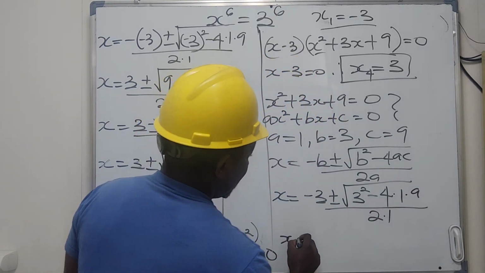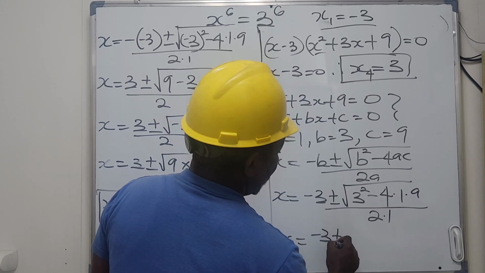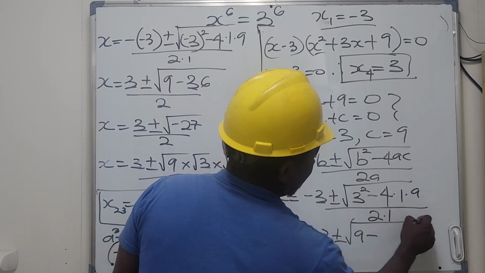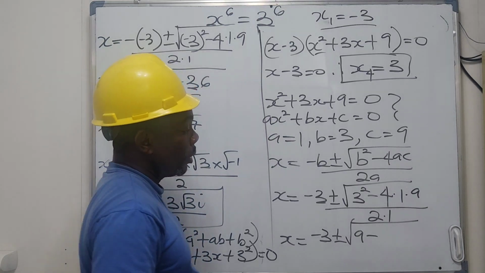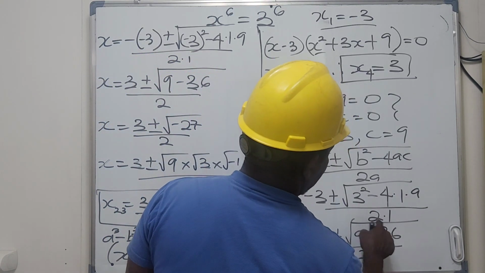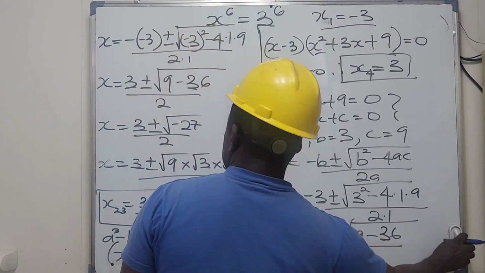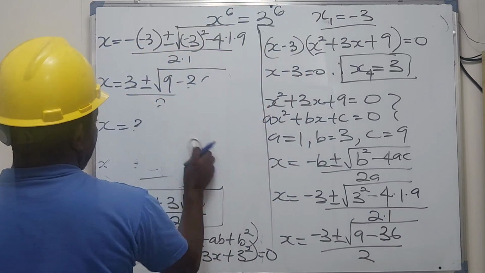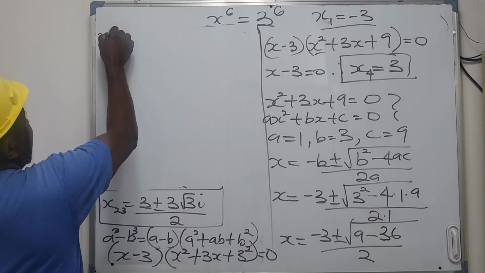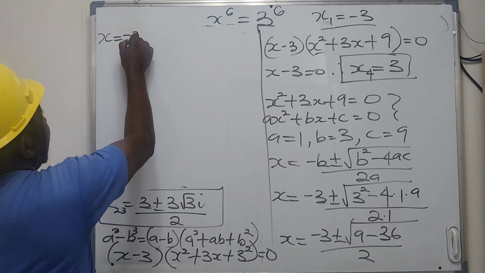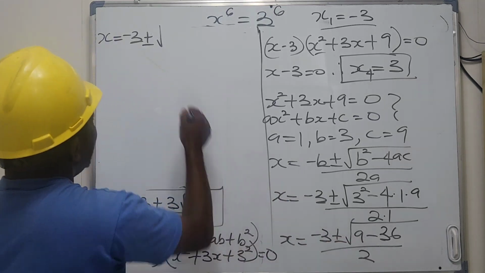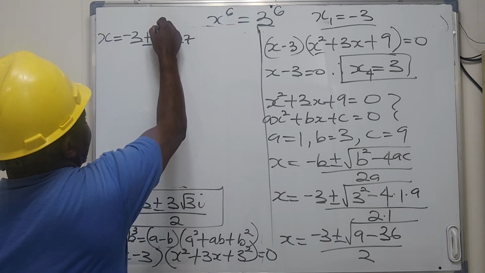So the value of x will become minus 3 plus or minus the square root of 9 minus 4 times 1 times 9, which becomes 36, all over 2 times 1, which is 2. So in that case, the value of x becomes minus 3 plus or minus the square root of 9 minus 36, which becomes minus 27, all over 2.